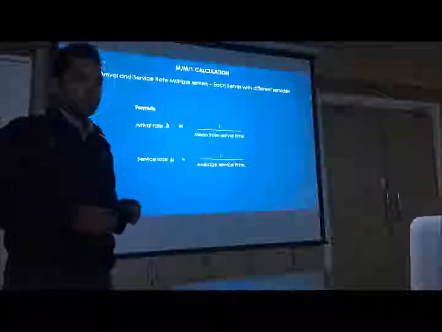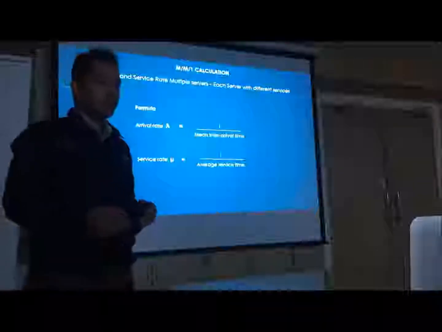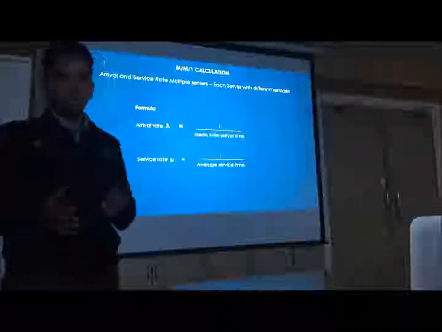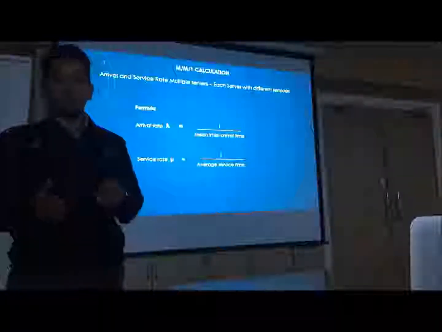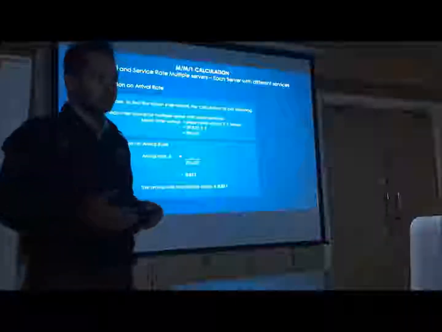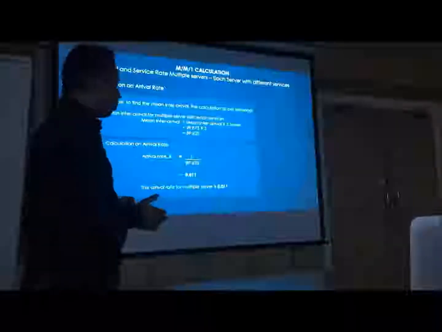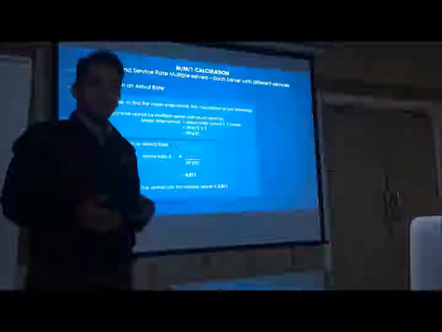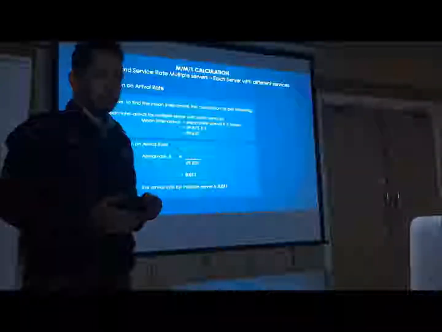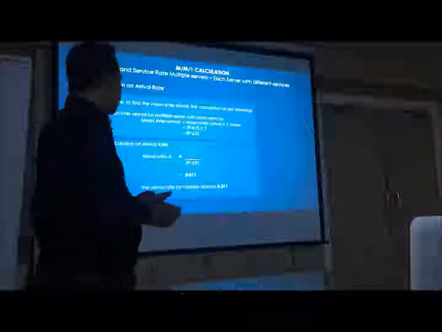Then we go to calculate the arrival and service rate for the multiple server, which is each server with different services. So before that, for this case, to find the mean inter-arrival, the calculation is as per following.